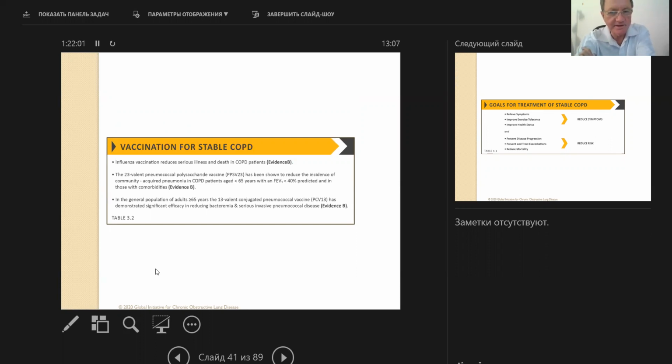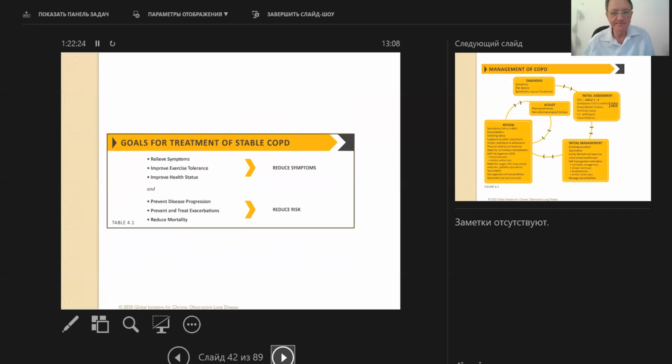For stable COPD, patients should have annual influenza vaccination and anti-pneumococcal vaccination, and now vaccination against coronavirus disease. The goals for treatment of stable COPD are to relieve symptoms, improve exercise tolerance, improve health status, prevent disease progression, prevent and treat exacerbations, and reduce mortality and risk.